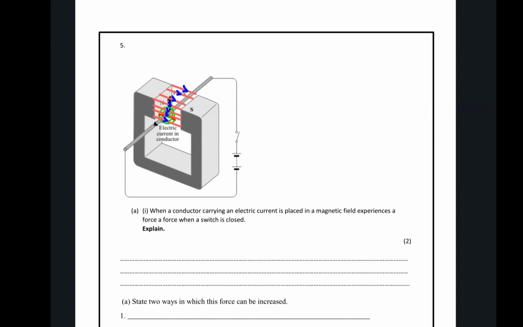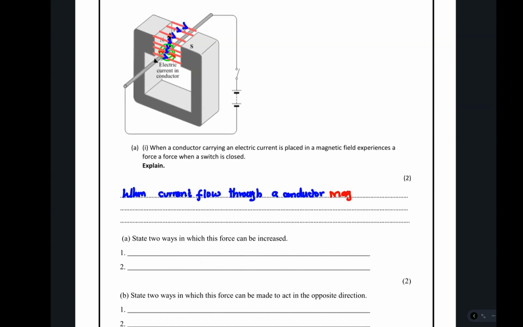So we have a set of two fields which are going to pull and push each other. Remember, when you have magnets, they push and pull each other because of the interaction of the fields. And that's the same thing that is happening here. So when current flows through the conductor, magnetic fields are created around the conductor.